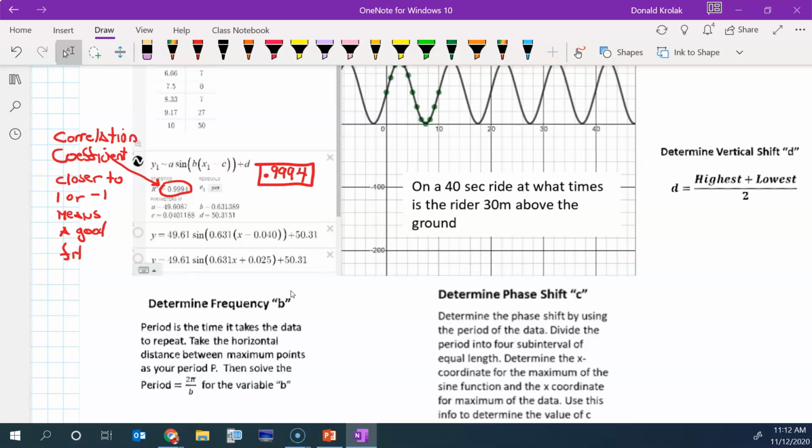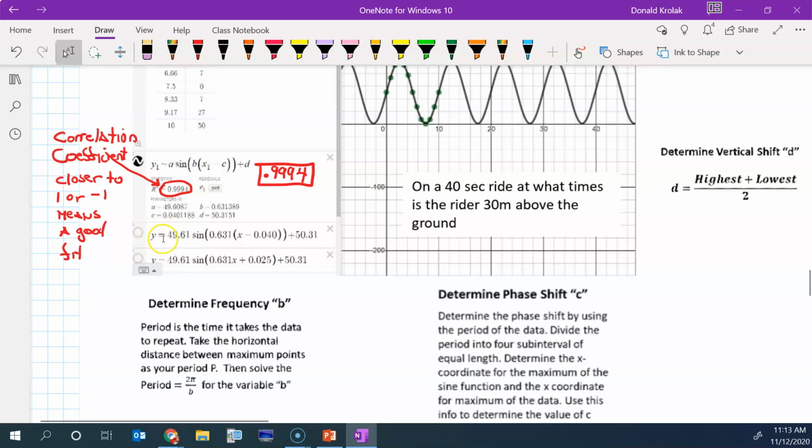That is a really good fit. So when it's a good fit, then now you can use it to figure out questions about whatever you're trying to model. All right. Any questions on what I did there?